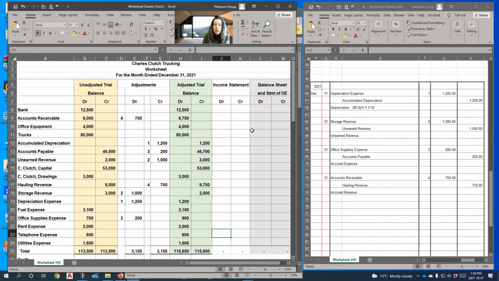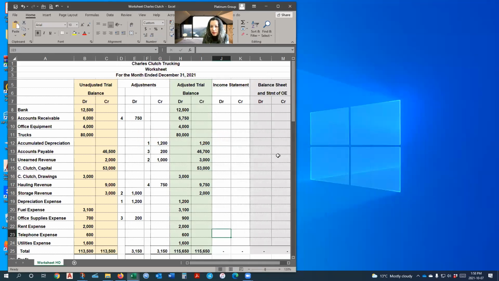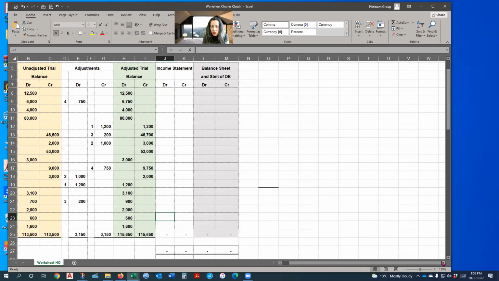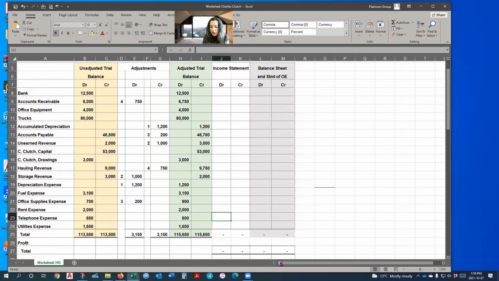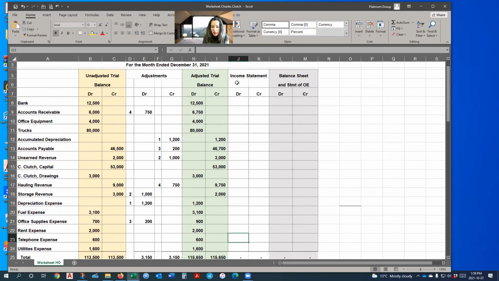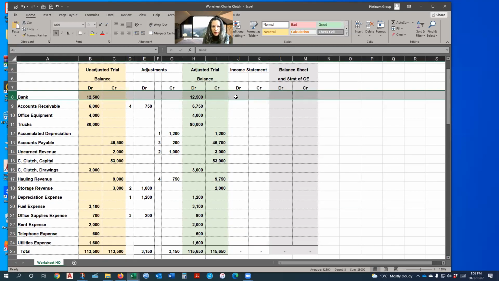So our next step is we want to get a sneak preview of what's occurring in the income statement. So our next step is to carry these numbers over to the income statement and balance sheet columns. So we've got bank, and we can see in our adjusted trial balance, we've got $12,500.